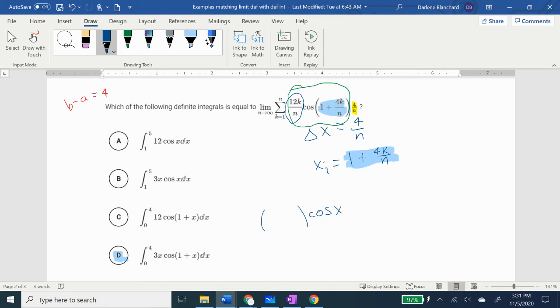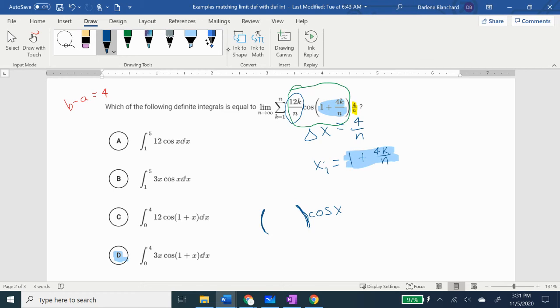And I've got to find within it a 1 plus 4k over n. While this is doable, this is not going to be pleasant. And the only way this is going to happen is if I have here some kind of addition or subtraction with my x.